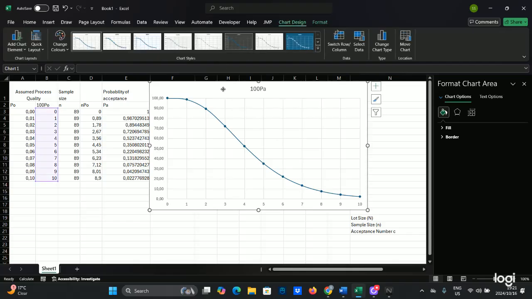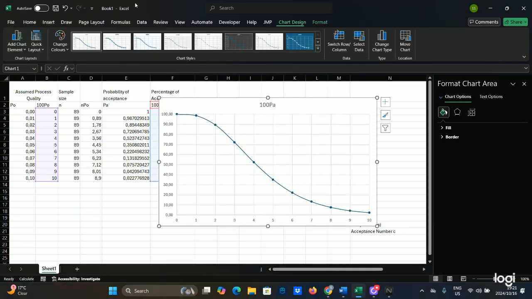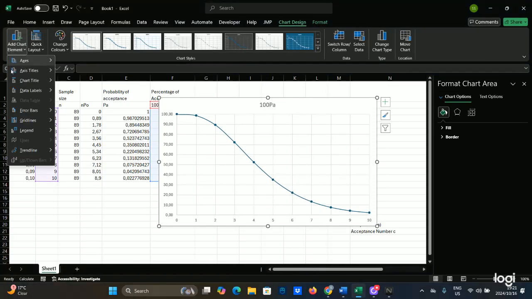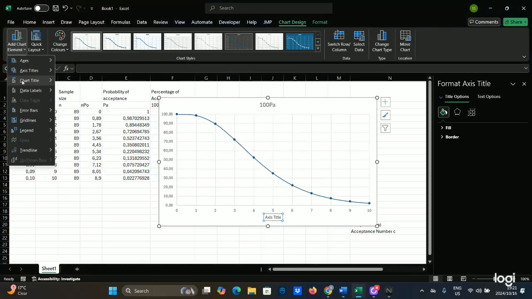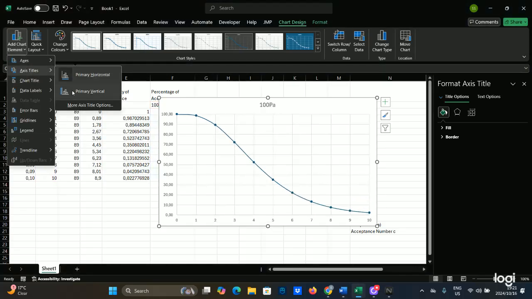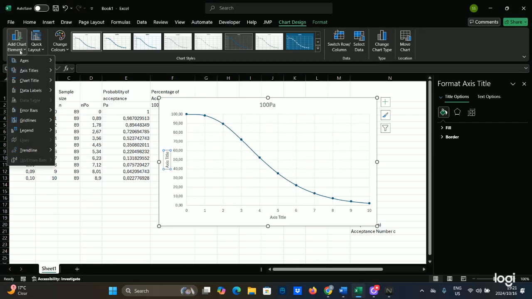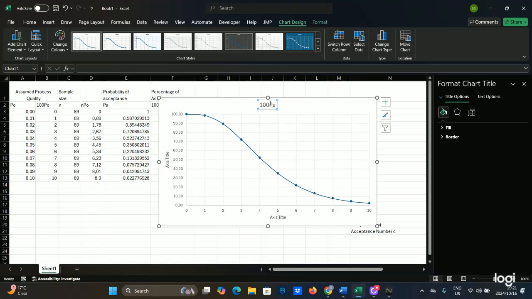And then now I want you to insert your labeling. You want to label your x-axis and y-axis. Okay, so the title is already there. So now, let's start with the title.